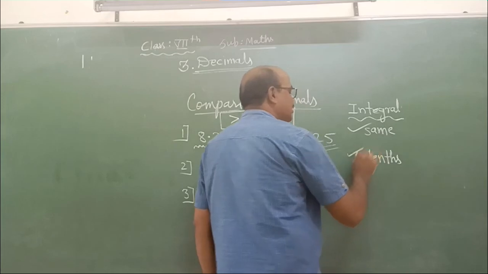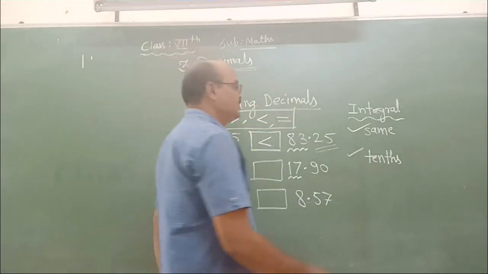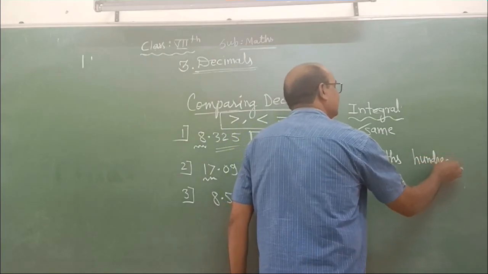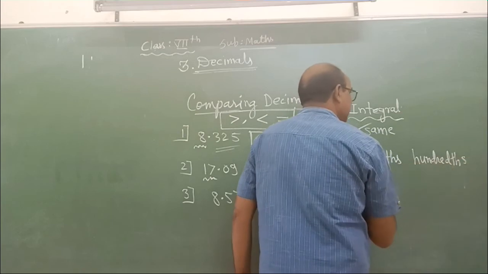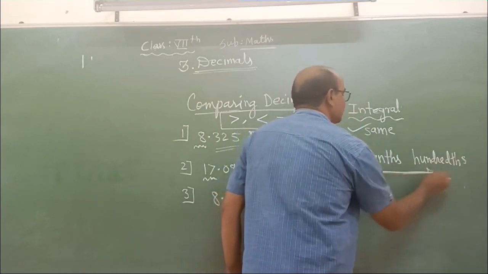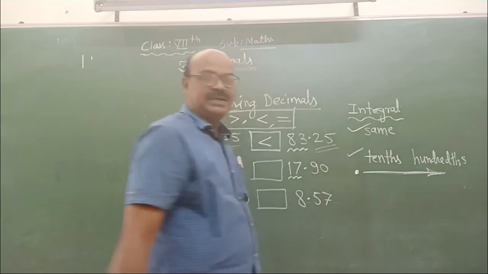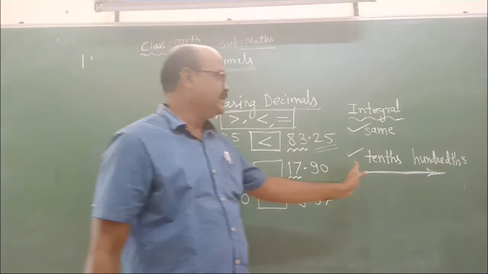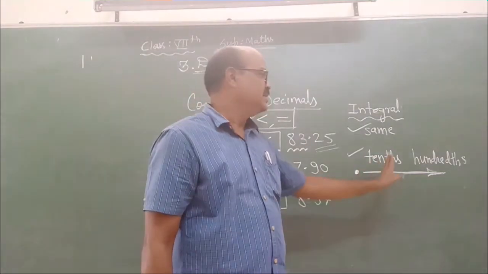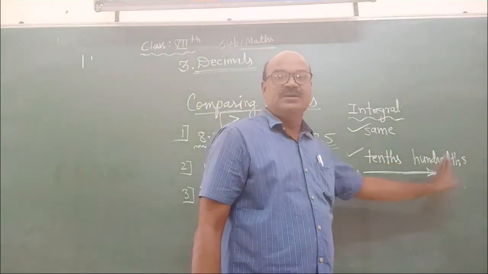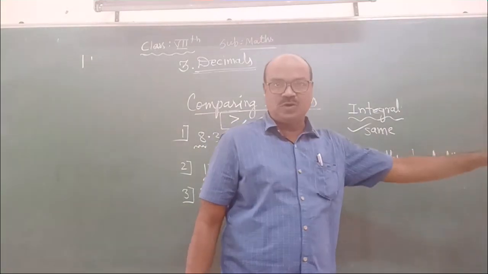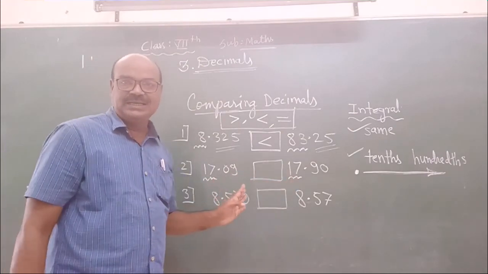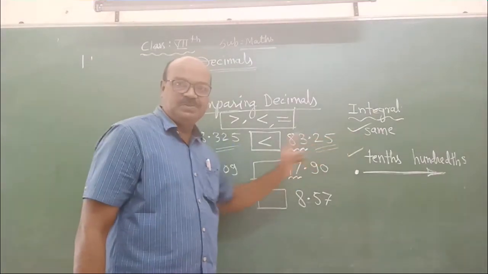First of all, we will observe tens place, later on 100 and so on. That means after decimal point we will observe one digit at a time. First we will see the tens, later the hundreds, later the thousands and so on like that. So this integral part 17 is same in both the decimals.